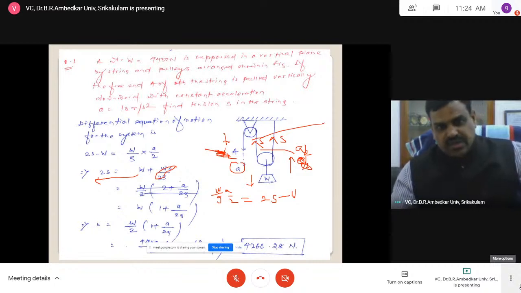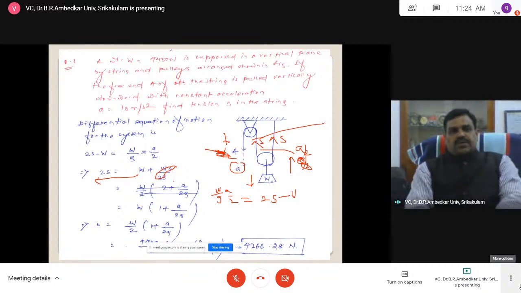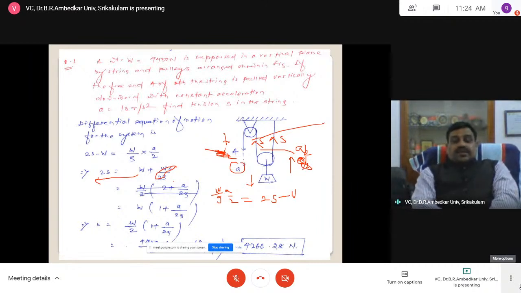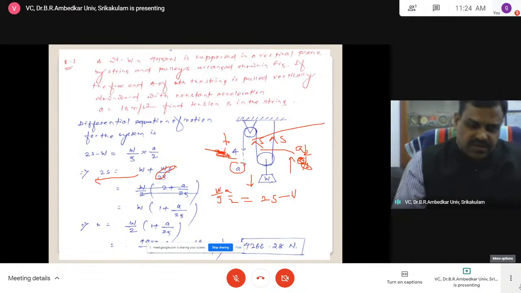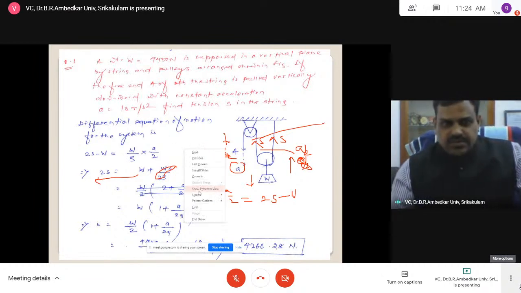Find out the unknown value. Okay, so this is how they will represent the expression. Then here the same tension is acting. This tension is equal to this tension. It is equal to A. So the same value we will get and find out the expression.